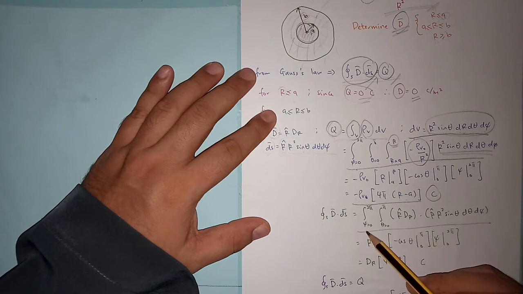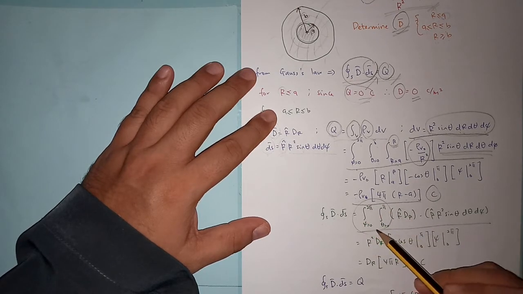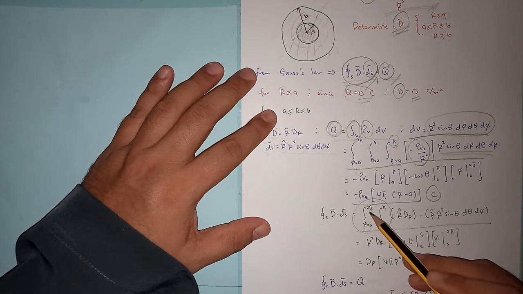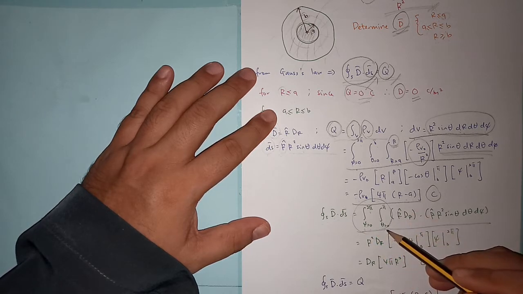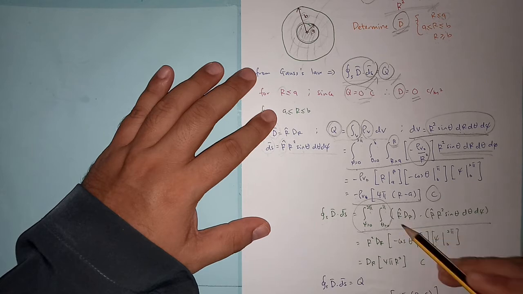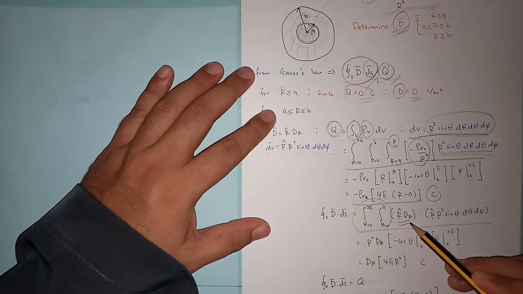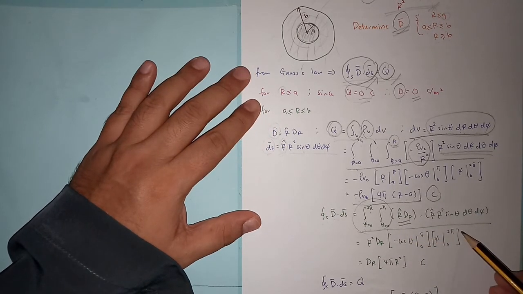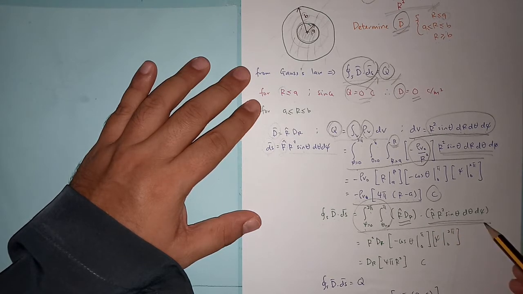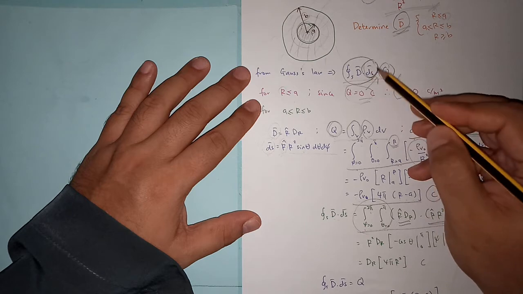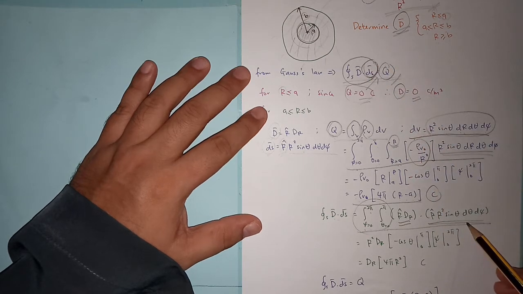Alright, so we need to perform a double integration. The first limit is phi from 0 until 2 pi, and the second is theta from 0 until pi. So this is our general expression for the vector of the electric flux density, and this is the expression for the dS in a spherical coordinate system.